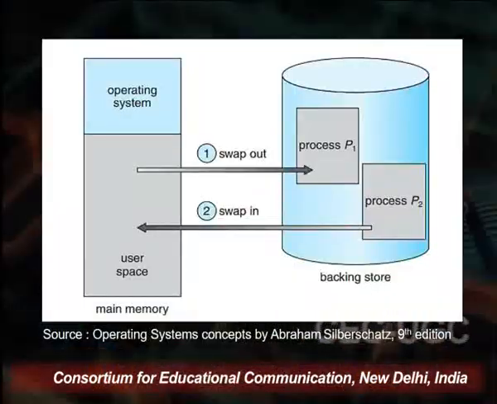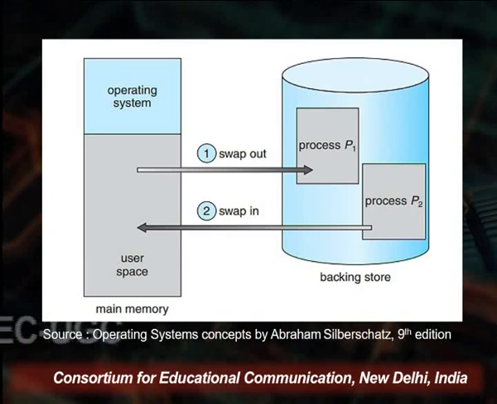So if you can see, here is a diagram on the screen which explains this process of swapping. The operating system is residing inside the main memory, and we have a separate user space which is available for various processes. Now there are some processes, for example process P1 and process P2, which are waiting, stored at the backing store.